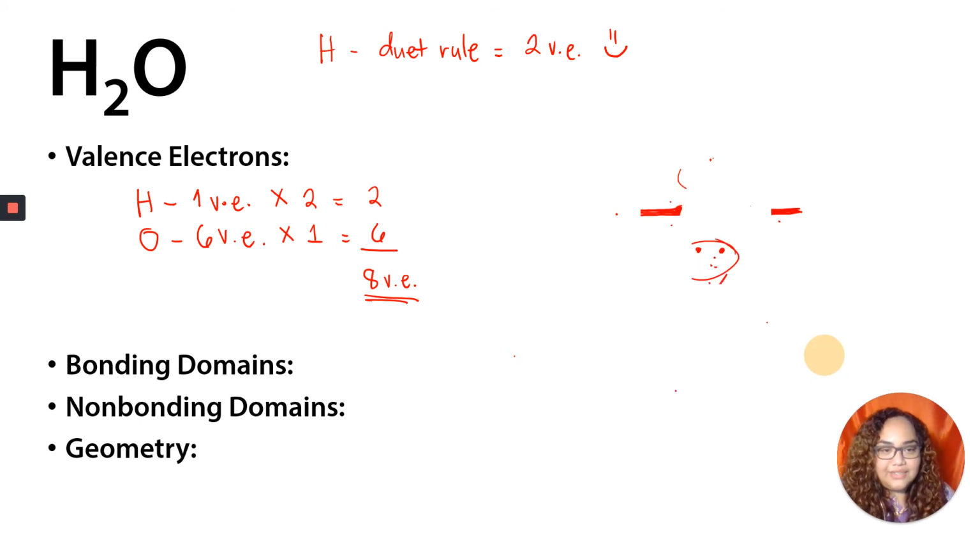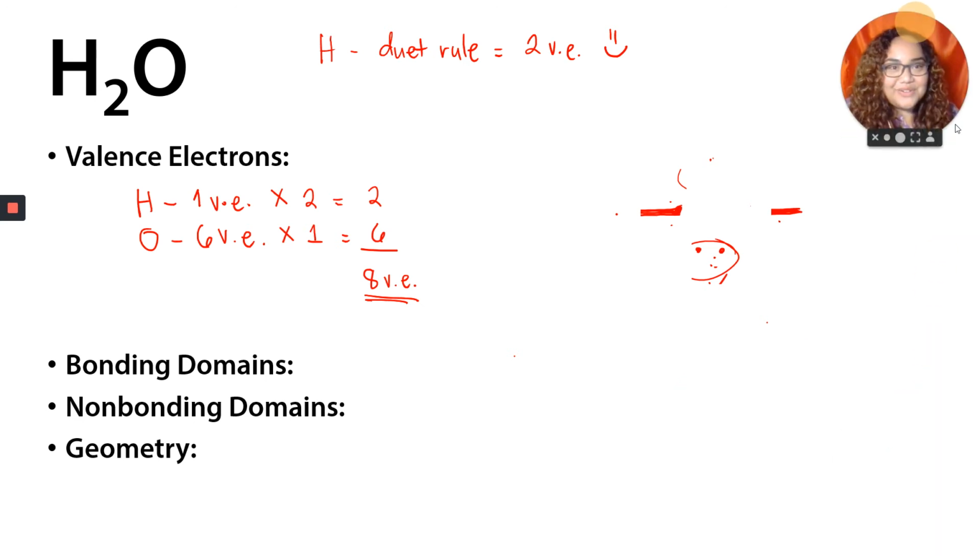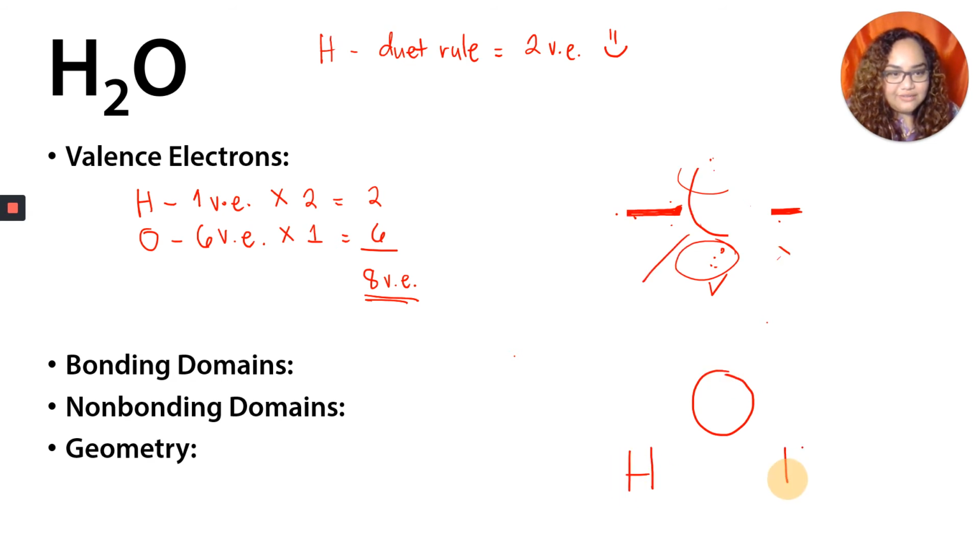So I'm just going to draw at the bottom. I'm going to move myself right here, the upper right corner. So it would look like this. You have oxygen, and then you have the hydrogens here. Then they have the bond.